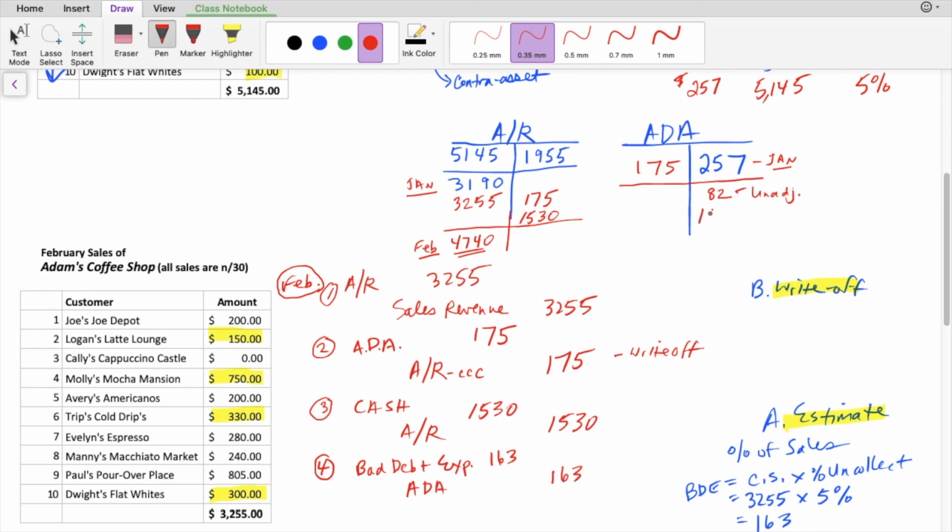I post my adjustment, $163. Where do I end up? I end up with $245 in my allowance for doubtful accounts. And so this process, estimating, writing off, estimating, writing off, is how we do accounting for bad debts.